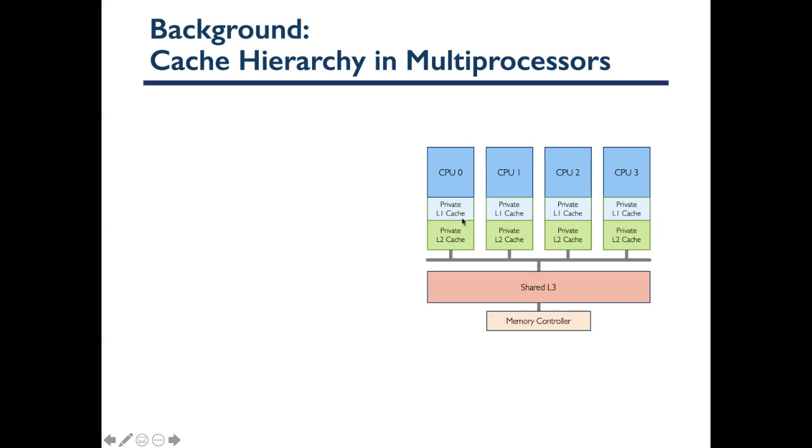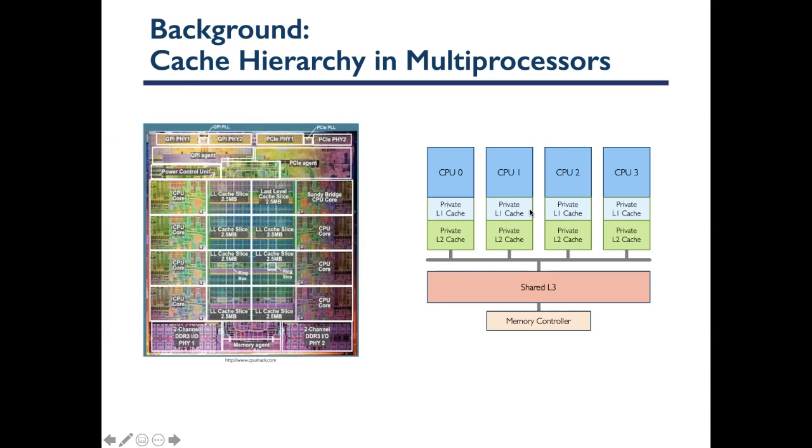Each CPU can only access its own data in its own cache. But then all the CPUs share this last level cache, cache level 3, and after that we go to memory. Let's say you're running a multi-threaded application, so the threads from the same program or process are running on different CPUs, and they're working on the same data. You can have that data cached here so that it's accessible by all of the processors.